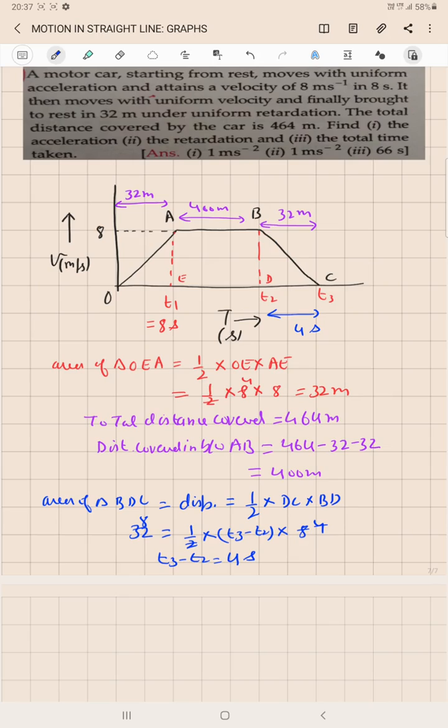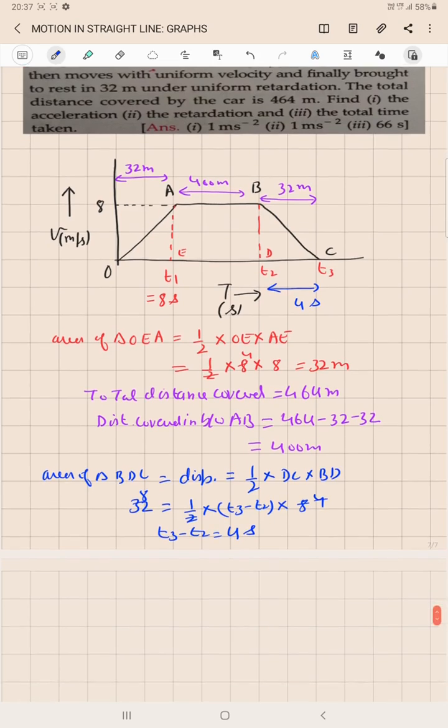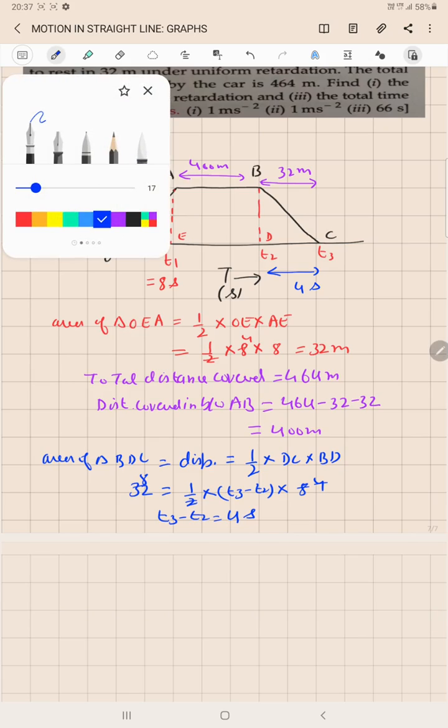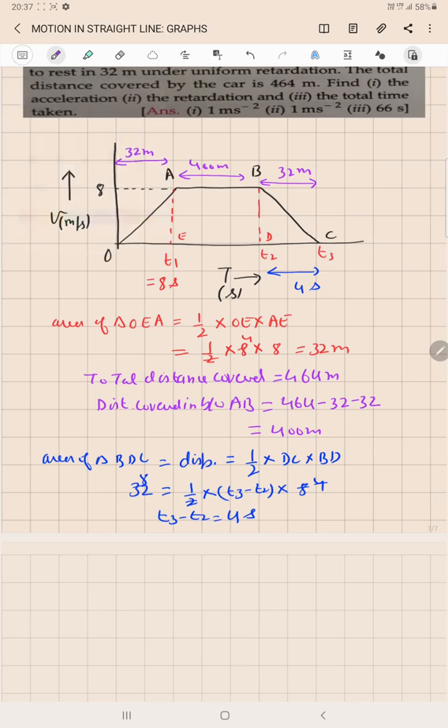Let us find the time t1 to t2. Again we use the area concept. Area of rectangle ABDE is equal to AB multiplied by BD.